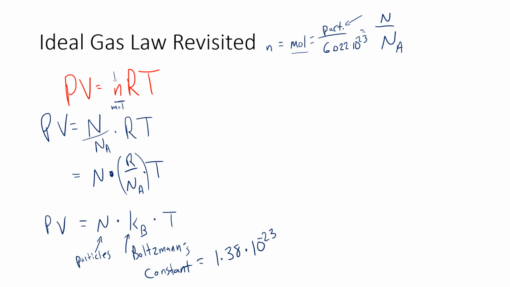So what we're going to talk about now is we're going to start comparing it to the kinetic energy of the gases. So what we did is we noticed that if you have a particular volume and there's more pressure, there's more force on the particles. That means there's going to be a higher kinetic energy.